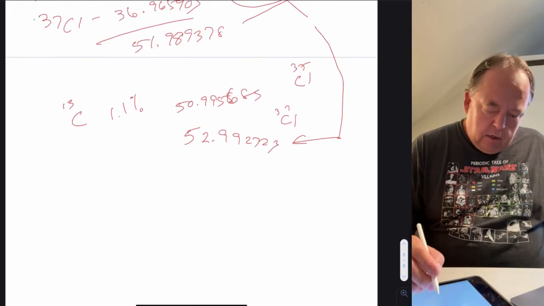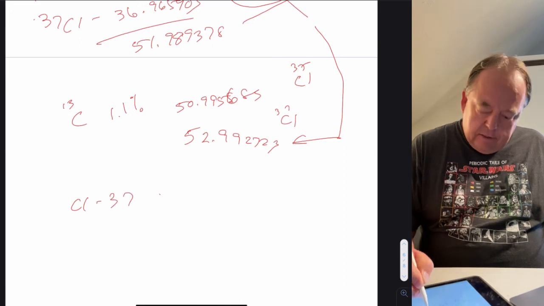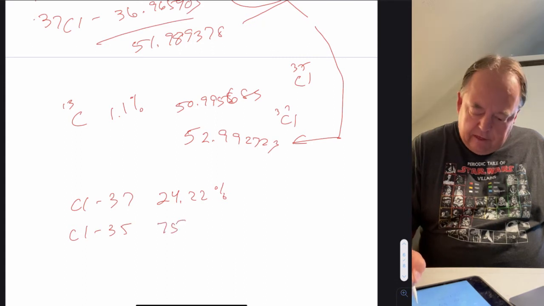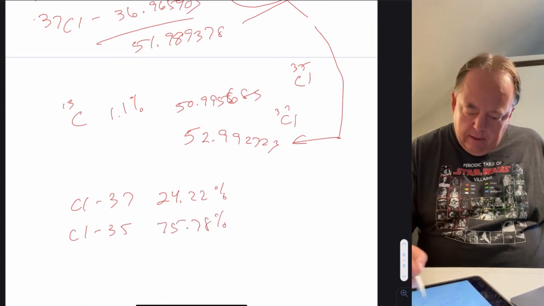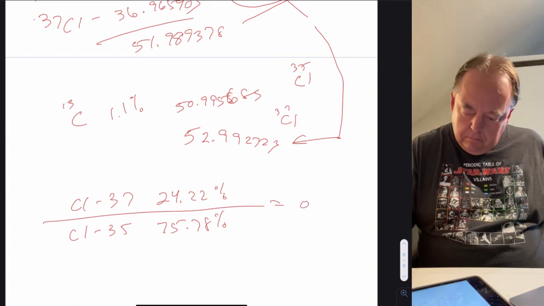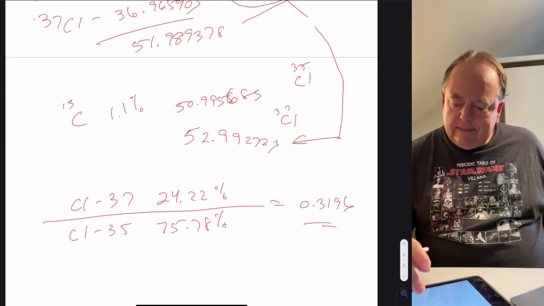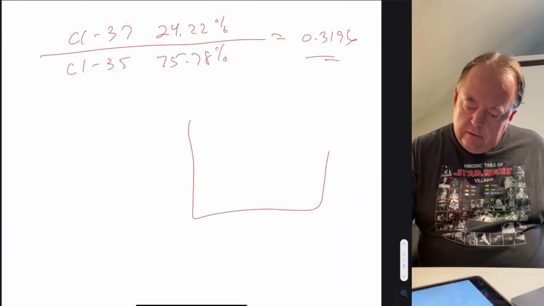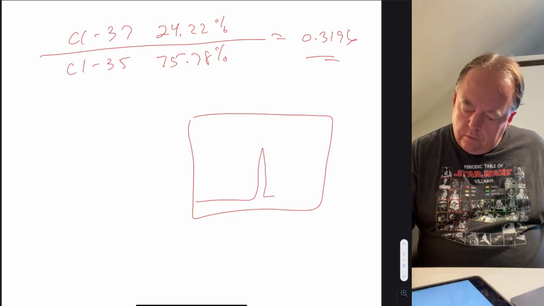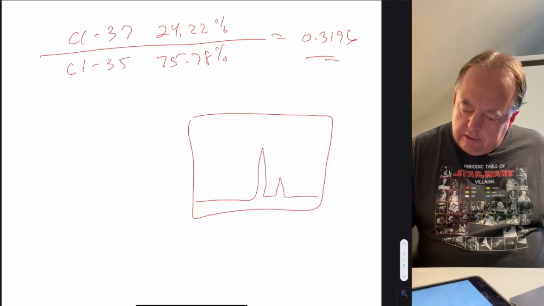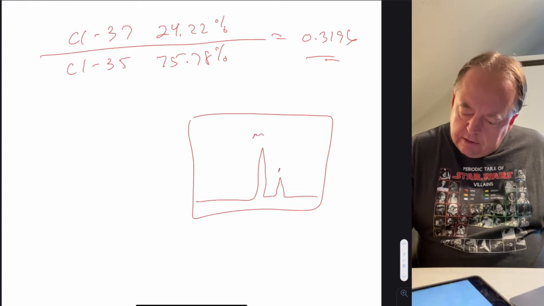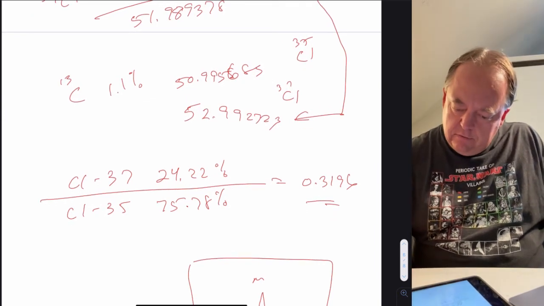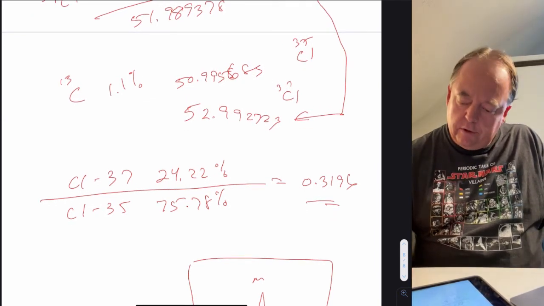Okay, so chlorine 37 is 24.22% in nature. Chlorine 35 is 75.78% in nature. And if we just take that ratio, it's 0.3196. So when you see this peak for chloromethane, this is often called the M peak, and this is the M+2 peak, 2 mass units higher, because chlorine 37 has about 2 mass units more than chlorine 35.